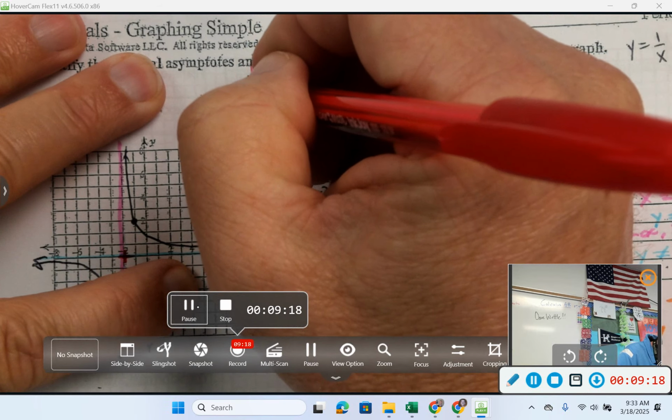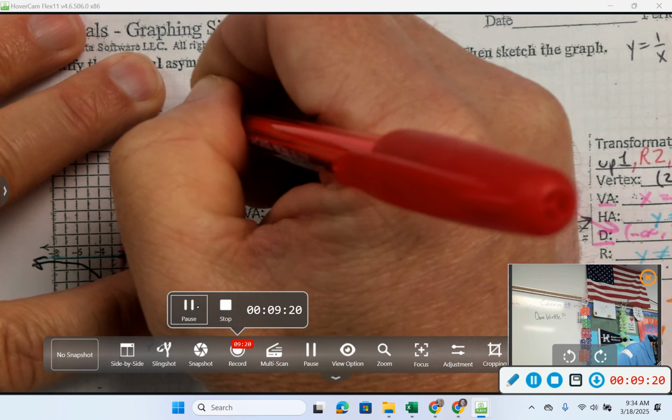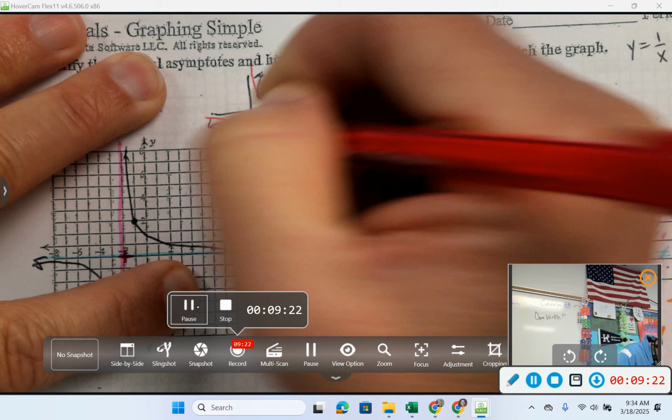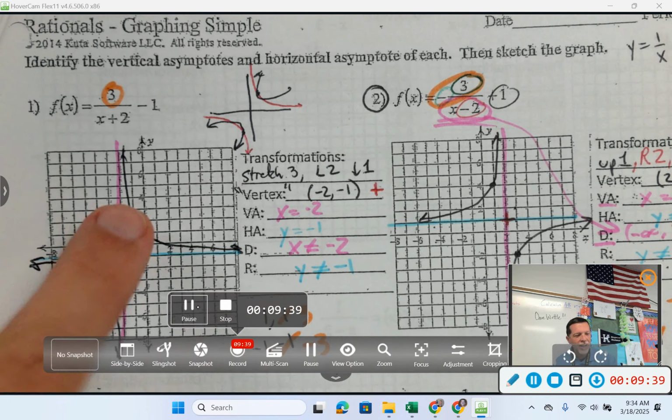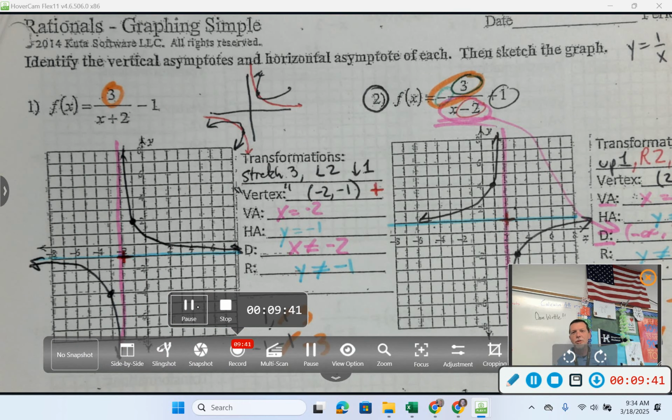I know that may seem minor, but slow down and use those asymptotes. Don't just put a little U in there. Now that I've warned you, I don't feel bad when I take off a point on the test. Or more importantly, now you won't do it anymore because you'll be careful and slow it down a little bit and do a nice graph rather than just a quick little U thrown in there.